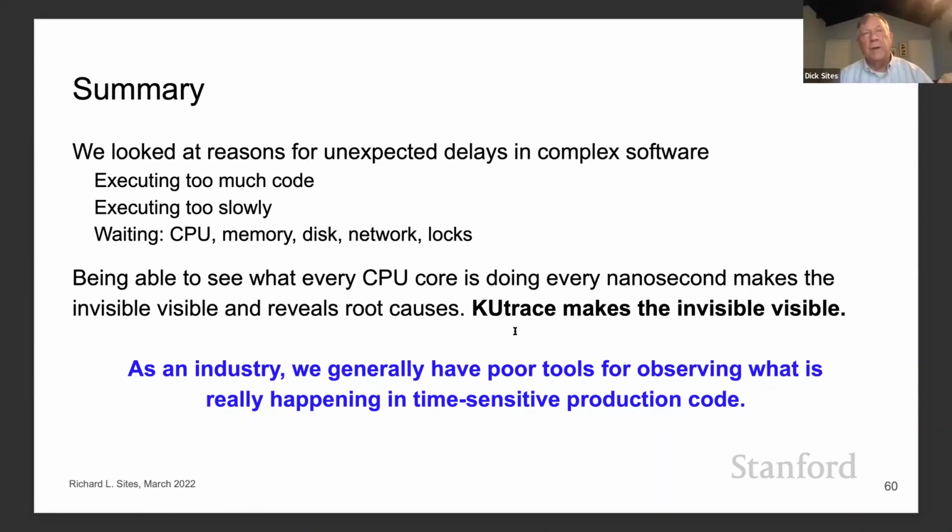If I could finish: at 200,000 events per second at 4 bytes each, that's 800K per CPU core per second. If you have 20 cores, that's 16 megabytes per second.